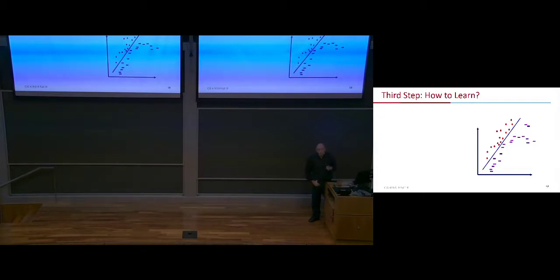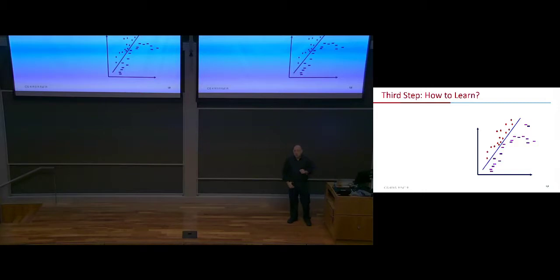Now the question is, how do we get this W? So how do we get this W? How do we learn this linear function? Yes? Start with a random line and measure the loss. Okay, good suggestion. So let's start somewhere.